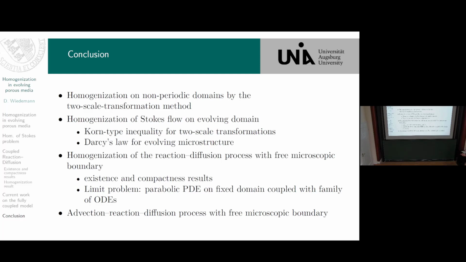And we have also seen that this approach is not too restrictive, because we have managed to consider also a free boundary problem in this setting. And for this we have also seen the existence and some compactness results, and the limit problem, which was in the end very simple on a fixed domain, and so was also not on an evolving domain anymore. And then in the end we have seen this extension to the advection-reaction-diffusion process.